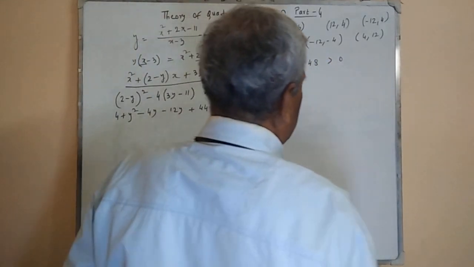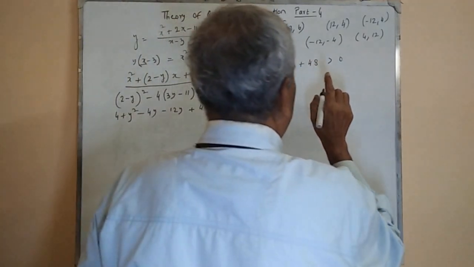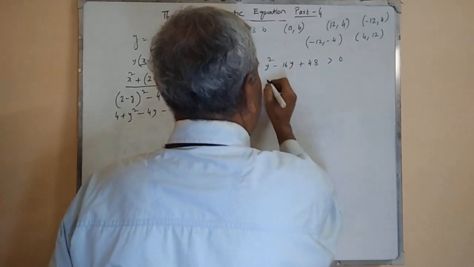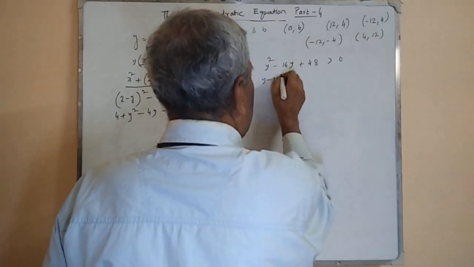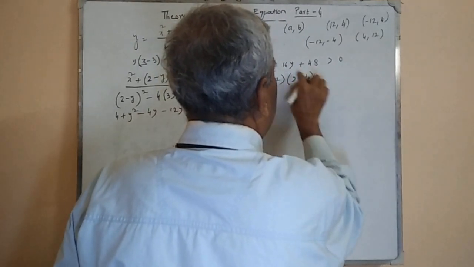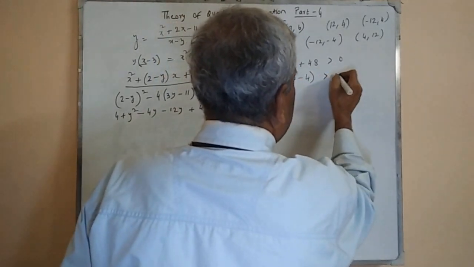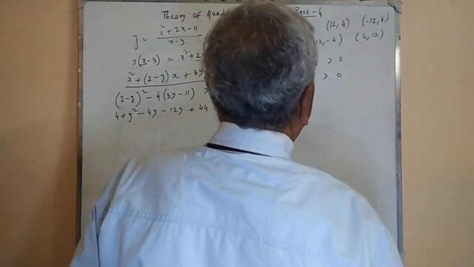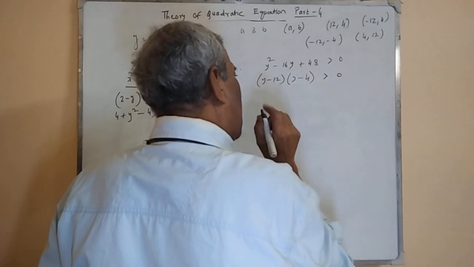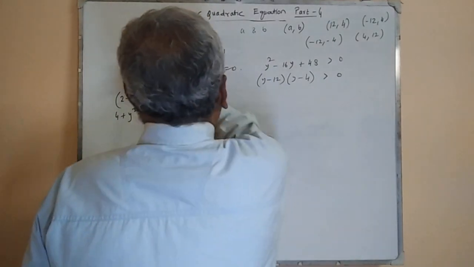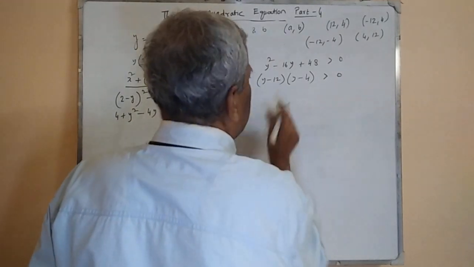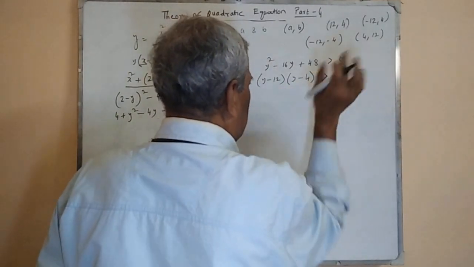We can factorize it. 4 into 4 and 12. So y minus 12 into y minus 4 is greater than 0. So the value of y should be such that the product is positive.